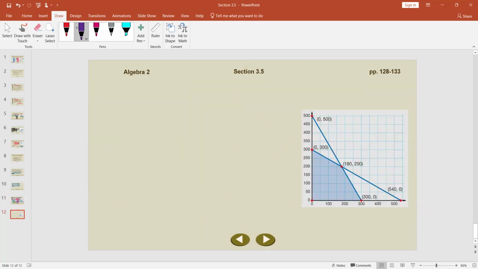So let's go ahead and write those over here. The very last step, step 4, is we need to evaluate the objective function. In this case, that was our profit function, for each vertex, to determine the maximum profit.